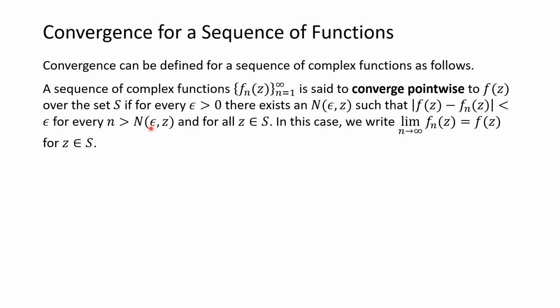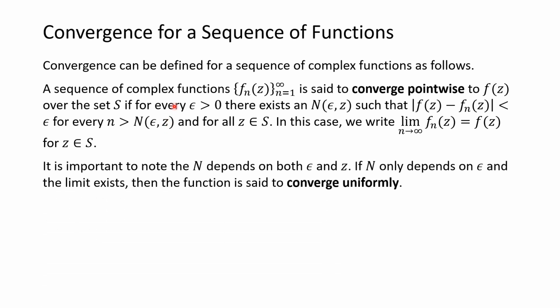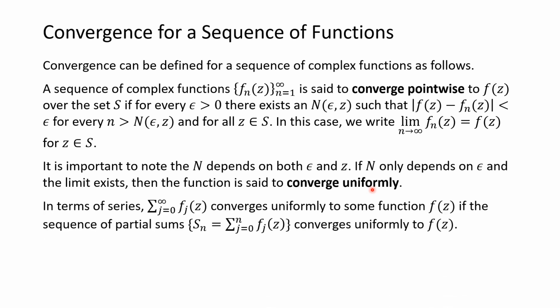So in this definition, the N depended on both the epsilon that we've selected as well as the value of z. Now, if the N does not depend on the value of z, we have something called uniform convergence. So I write here, if N in our definition up here only depends on epsilon, and the limit exists, then the function is said to converge uniformly. And we can also define the series of functions.